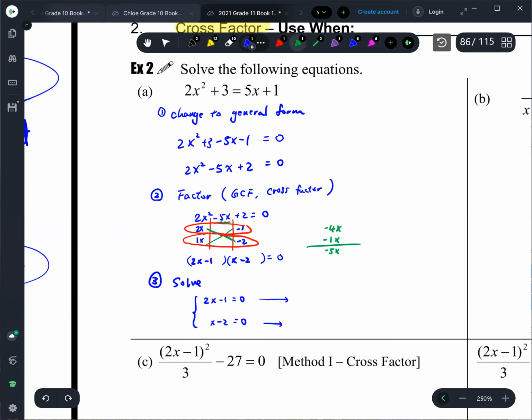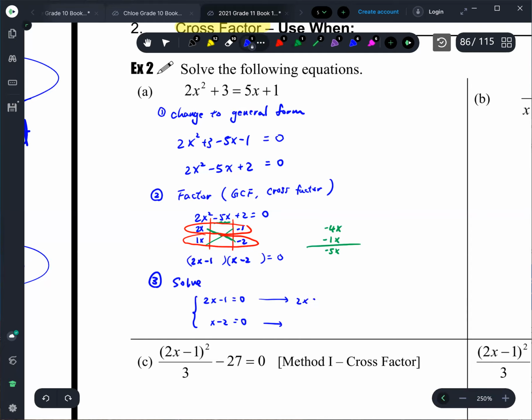Okay, Wilson, can you do this part then? For the first one, is it 2x and then equals to 1? And then the bottom one is x equals to 2.